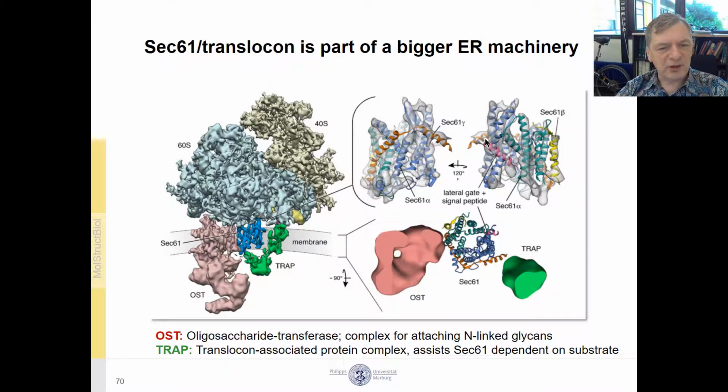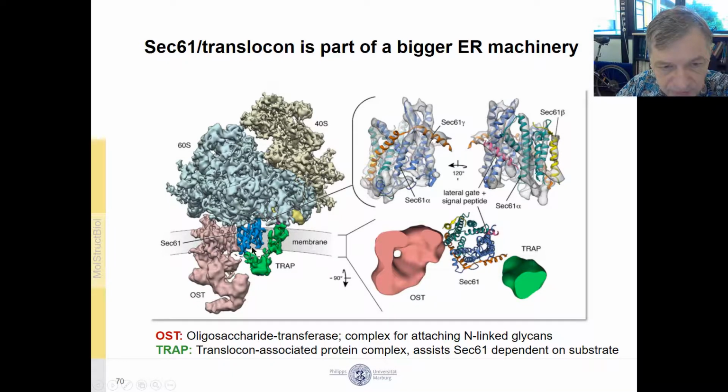In reality, we now have a cryo-electron tomography analysis of the full complexes, of the full machinery, and it's even more complex. Here we have the ribosome, the eukaryotic ribosome with the 60S and the 40S subunit. It's docked with the exit channel of the big subunit to the SEC61 complex, to the entrance here, where the polypeptide goes through.